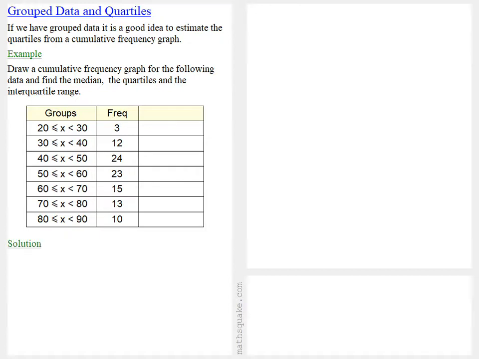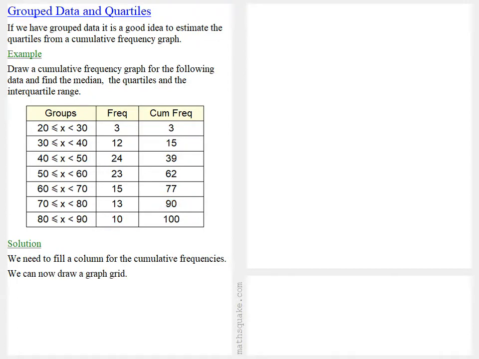To solve this, we need to add a column for the cumulative frequencies. The cumulative frequencies are 3, and then 3 plus 12, which is 15, 15 plus 24, which is 39, 39 plus 23, which is 62, 62 plus 15, which is 77, 77 plus 13, which is 90, and 90 plus 10, which is 100.